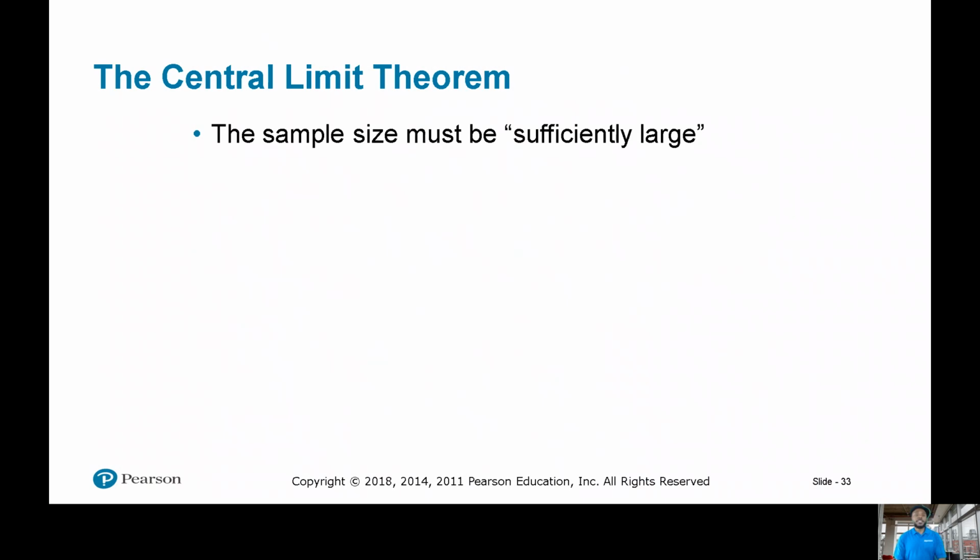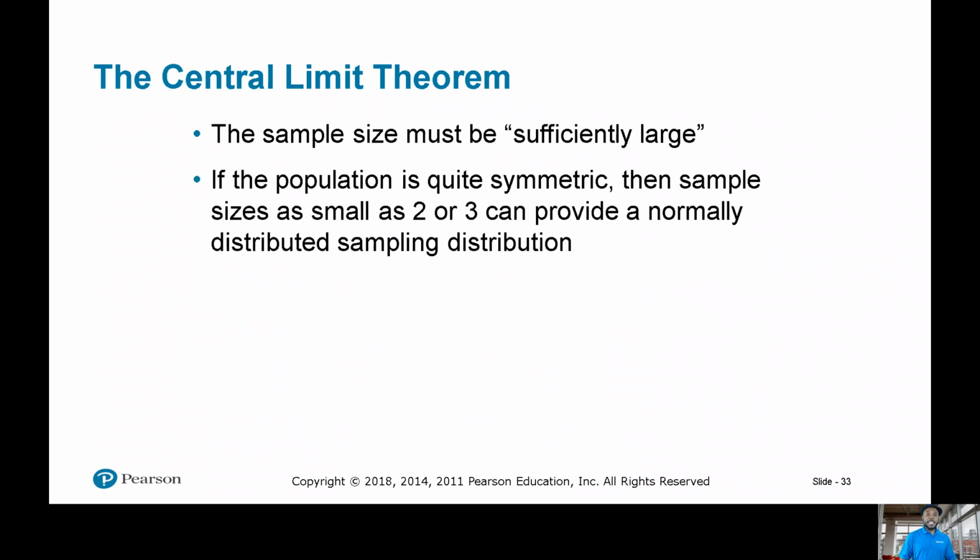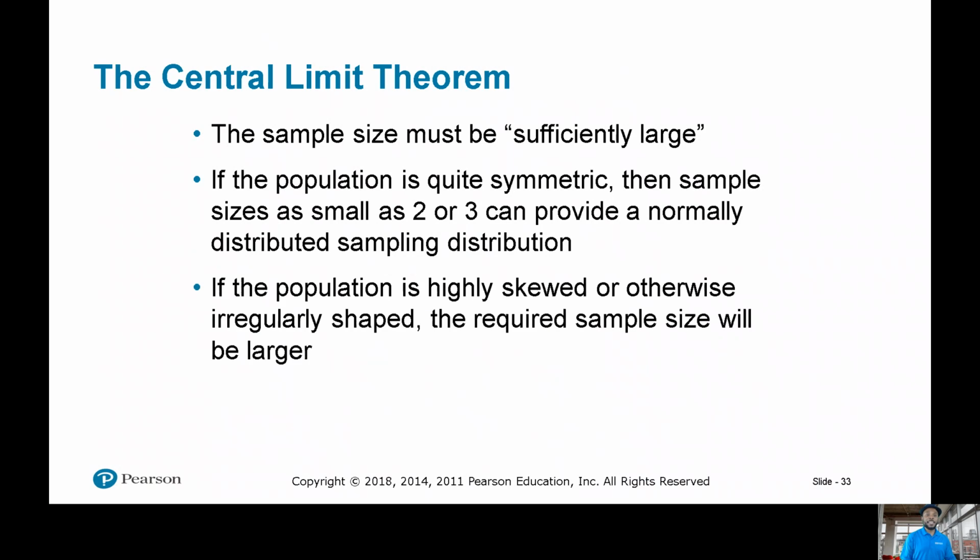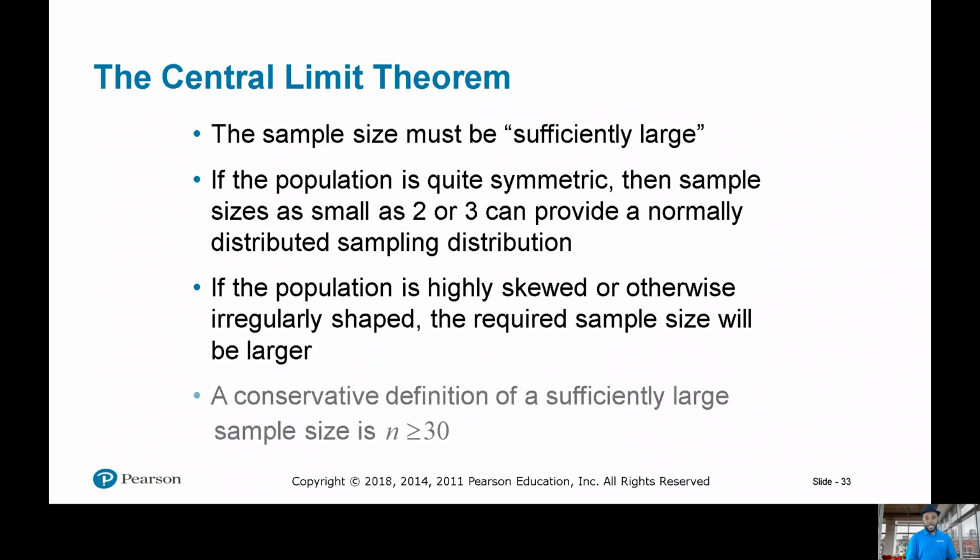All right, so the sample size must be sufficiently large. If the population is quite symmetric, then sample sizes as small as 2 or 3 can provide a normally distributed sampling distribution. If the population is highly skewed or otherwise irregularly shaped, this requires a much larger sample size.